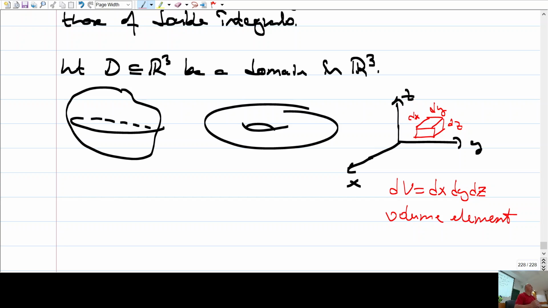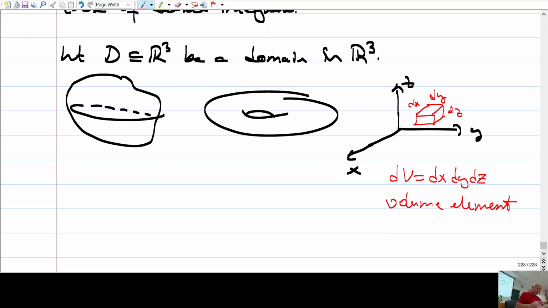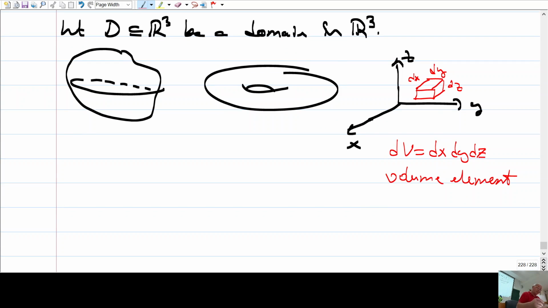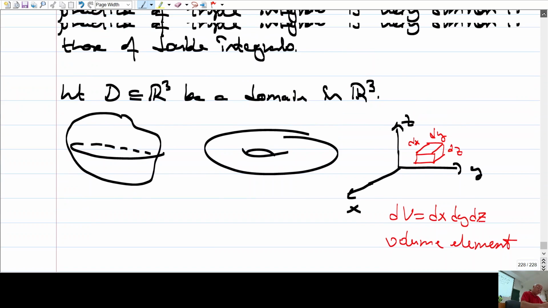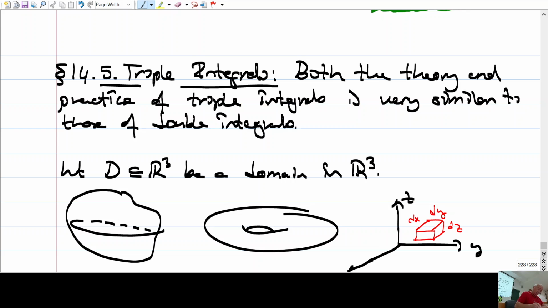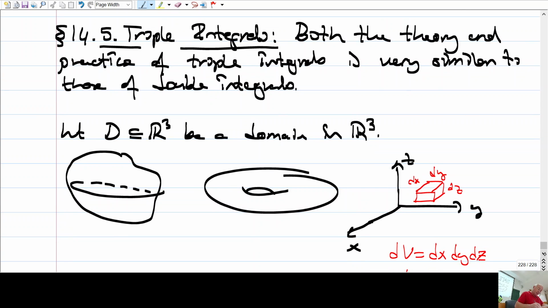The product of these three increments in the x, y, z directions is called the volume element. And so this is triple integrals.